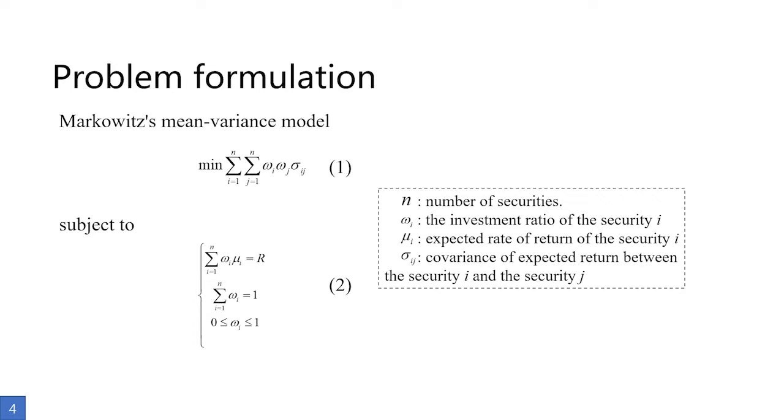Here, N is the number of securities. Omega i is the investment rate of security i. Mu i is the expected rate of return of security i. Sigma ij is the covariance of the expected return between security i and security j.